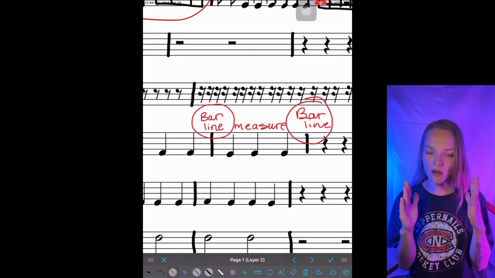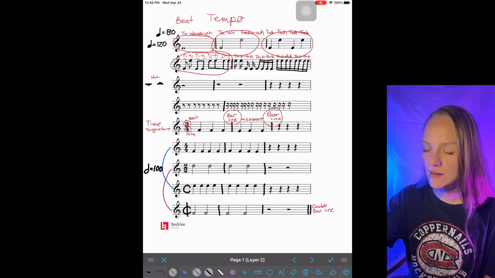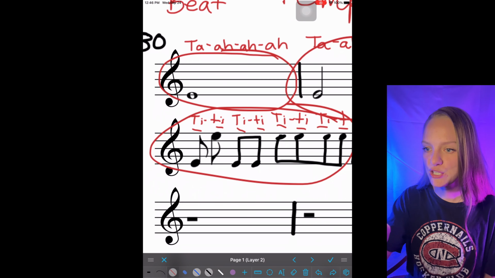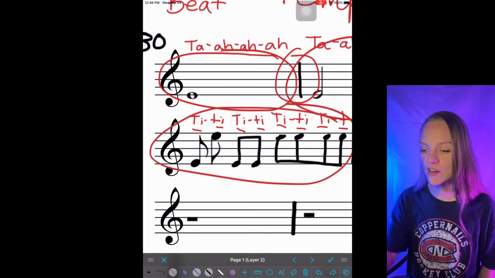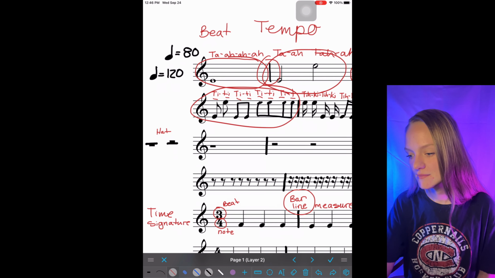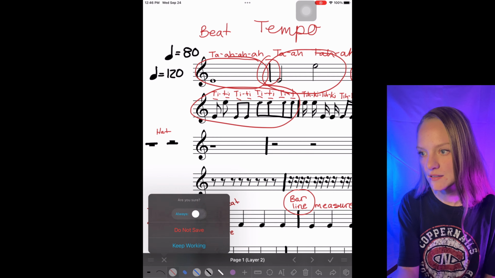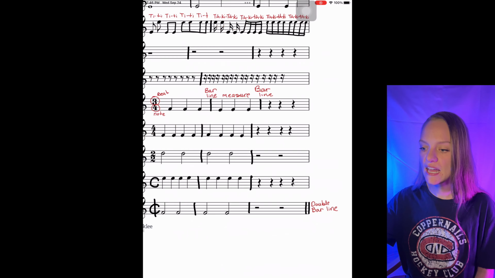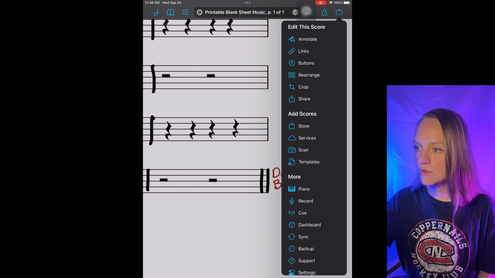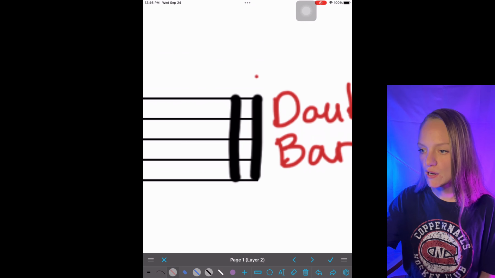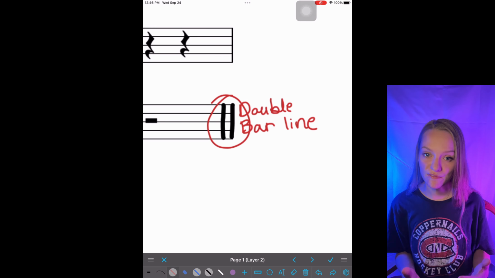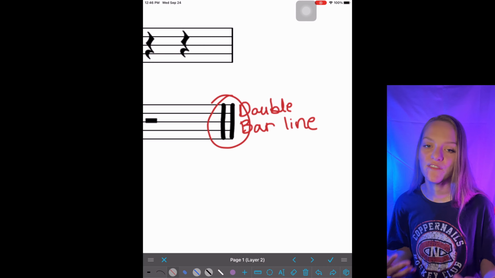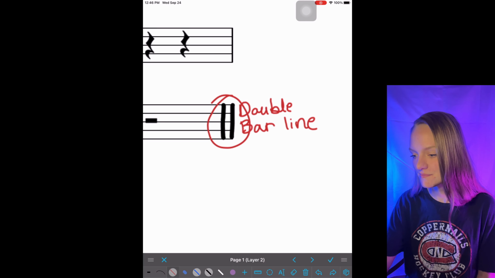So between 2 bar lines is a measure, or at the beginning of your music, between your clef and your bar line, that's your very first measure. At the very end of your music, you will see a double bar line, and that signifies that it is the end of a section of your music or that it is the end of a piece or a movement, right?